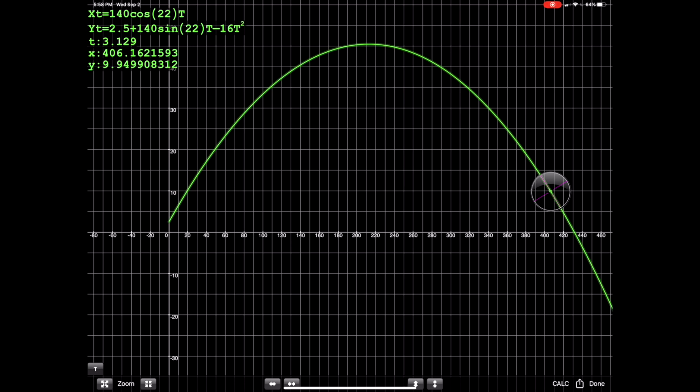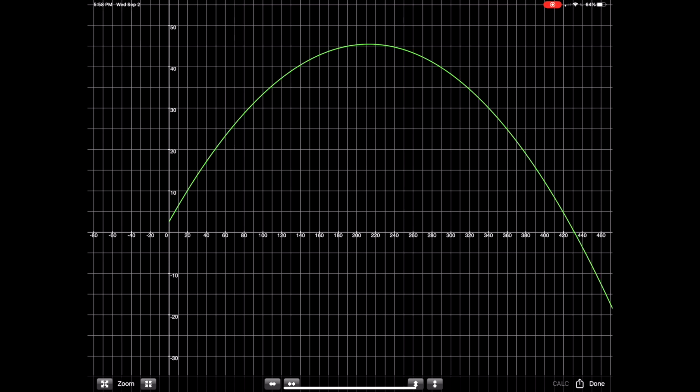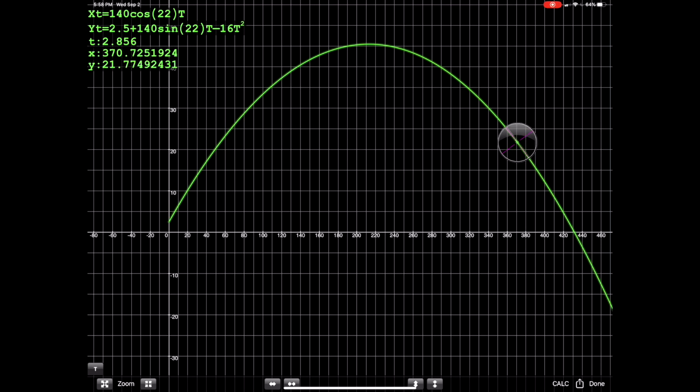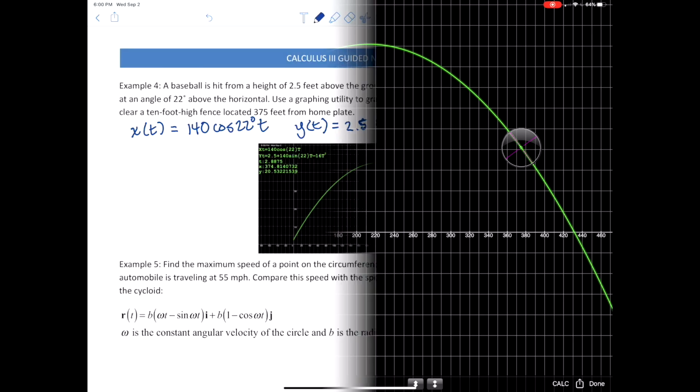And that happens when x is 406. So if x is 375 feet from home plate, which is what this is depicting, that's almost that. Y is like 20 feet, so it's definitely going to clear it.